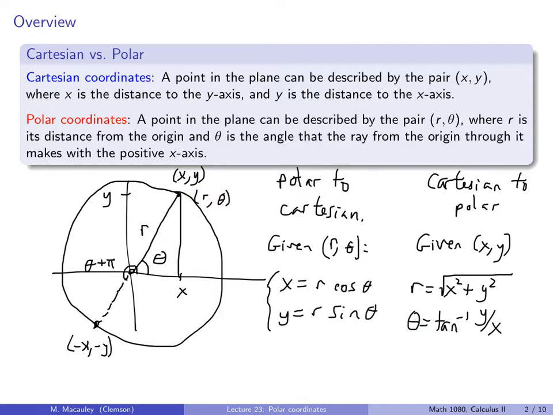So take a little bit of care that when you're given x, y, you know right away which of the four quadrants you're in. And from that, you should be able to tell exactly which theta is correct.